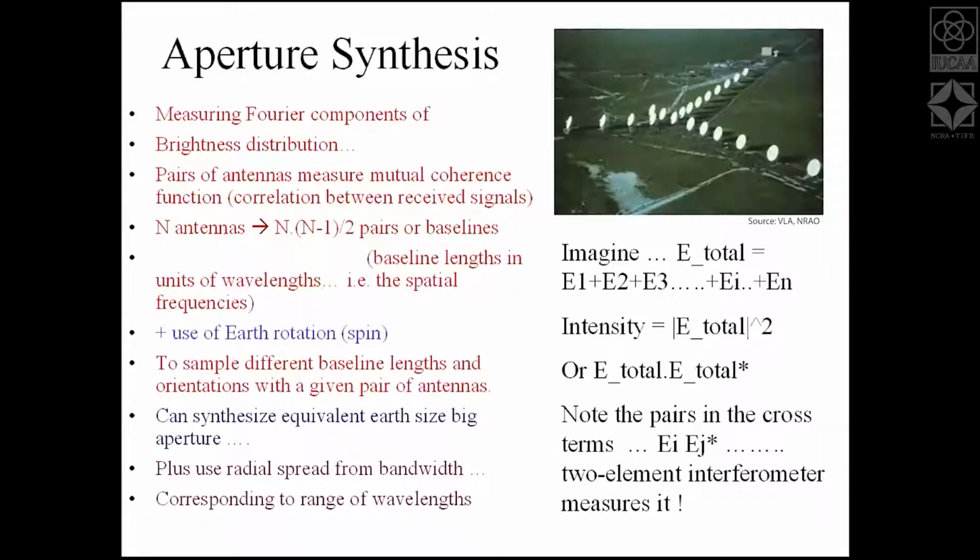You can also use Earth rotation to measure different situations, even with a single pair of antennas. Because if you put the pair of antennas along the east-west, for example, as the source rises at the horizon, it will see the line joining the two antennas as simply a point.